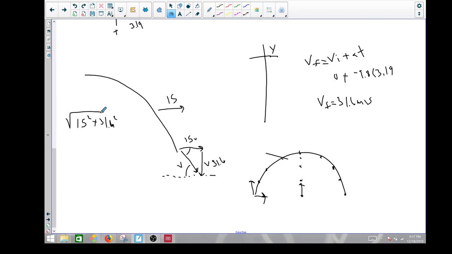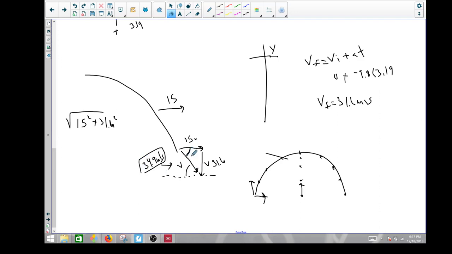And I'm getting 34.9 meters per second. Okay, that's my impact velocity.